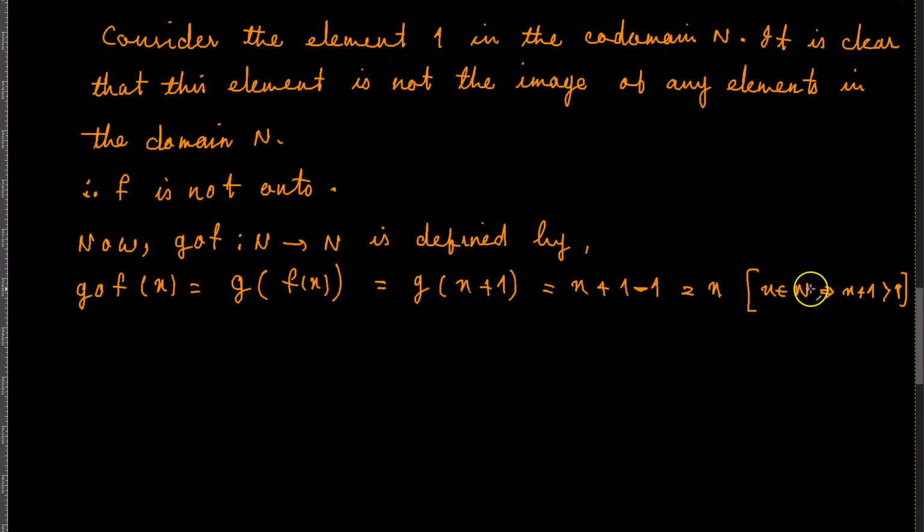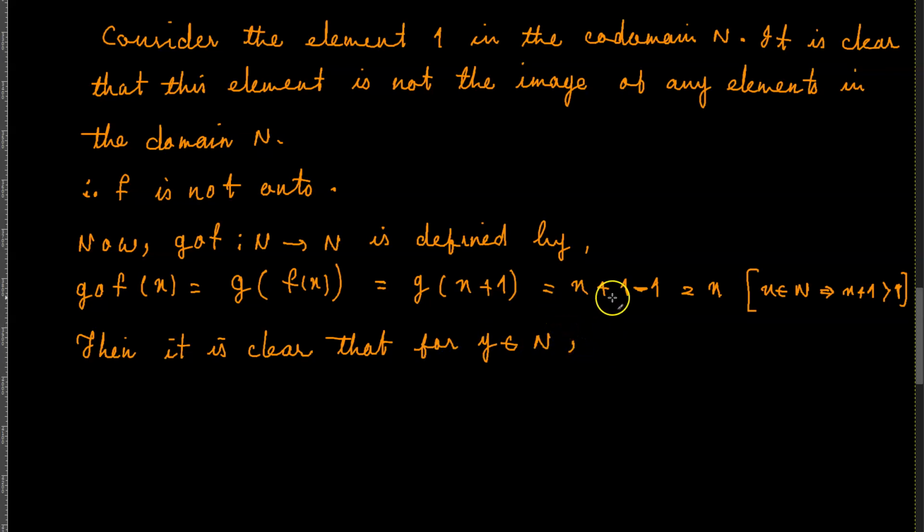And so it is clear that for y belonging to N, there exists x equal to y belonging to N such that g o f of x is equal to y.